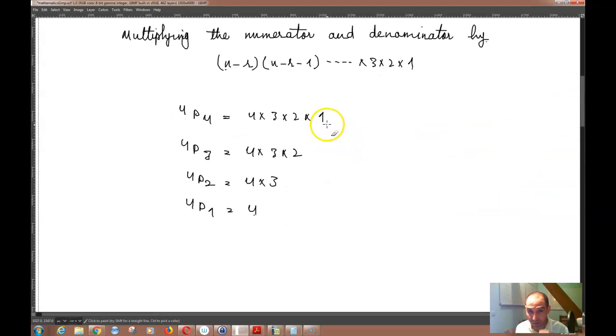Now, as you can see, over here your n is equal to 4 and your r is equal to 4. Over here your n is equal to 4 and your r is equal to 3. Over here your n is equal to 4 and your r is equal to 2, and so on and so forth.